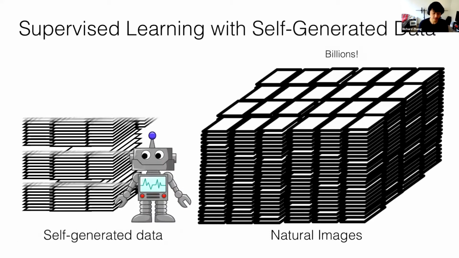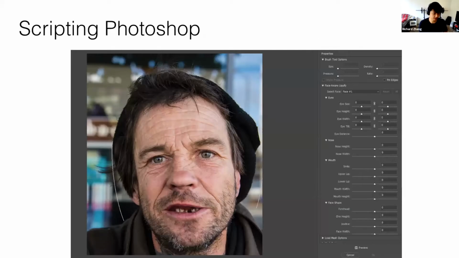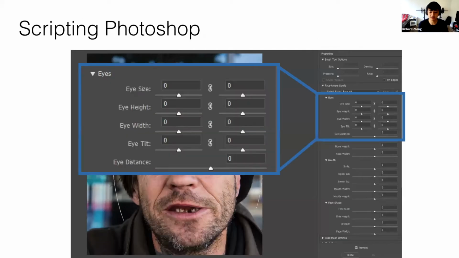What we can do is take a little robot or a computer program and have it generate labeled data for us, if we can find some sort of apparatus to do this. And it turns out with this tool, we can. The Face Aware Liquify tool gives a whole bunch of sliders. For example, here you can control the eye size or the height or the tilt or the width or the distance between the eyes.